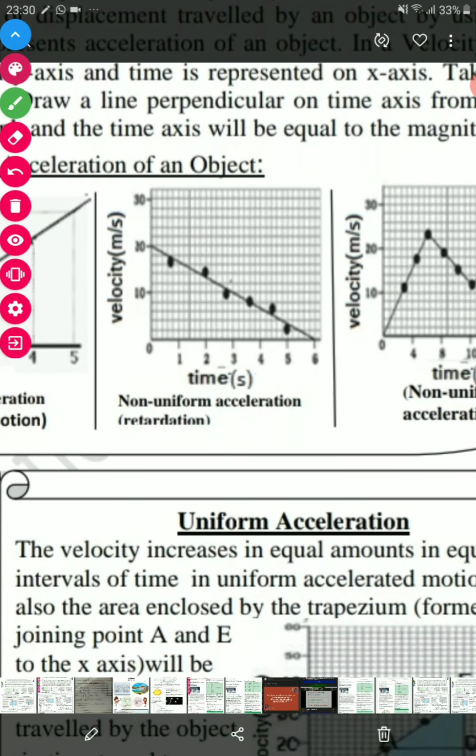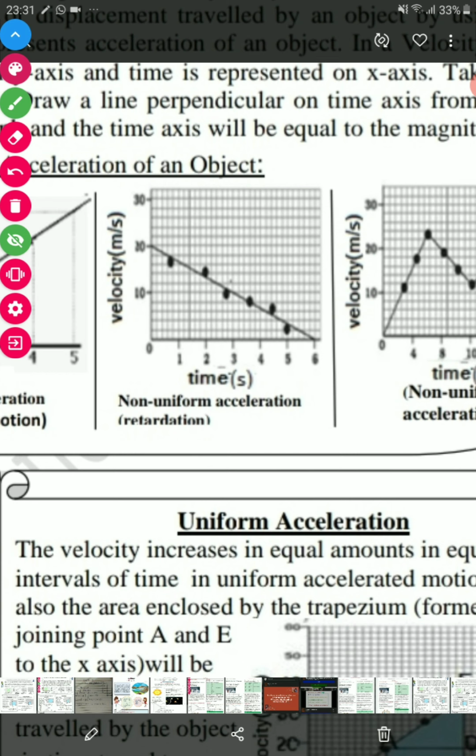But in case of the third graph we have retardation. How can we say? Initially the object has a velocity of almost 20 meter per second, but gradually it is decreasing and comes to 0. So this is the graph of retardation, or acceleration having a negative value. This is the case when we apply brakes while driving a scooty, gadi, car, or any other vehicle.